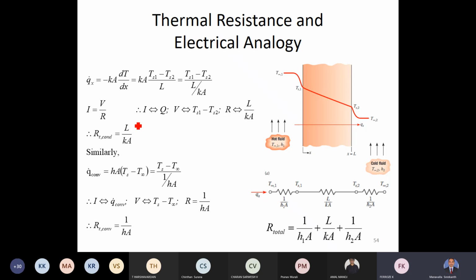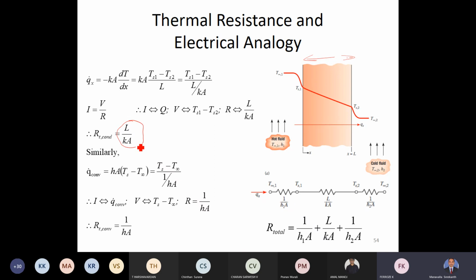In conduction, if we look at the electrical analogy, the conduction resistance will be L by KA. L is the thickness, K is the conductivity of the material and A is the area.